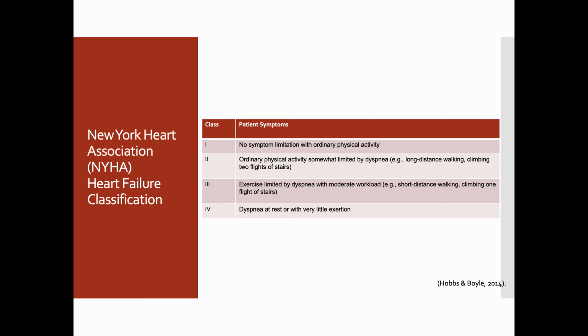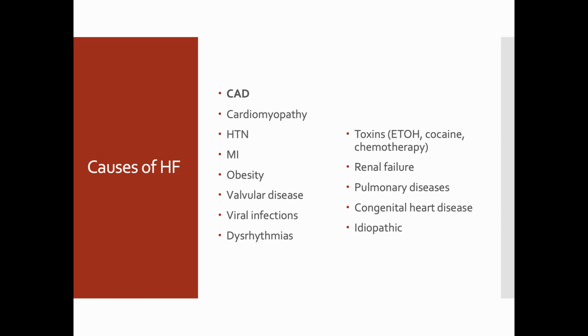I would say that Class 3 is really very limited ADL kind of symptoms, and most of our heart failure patients live in the 2 to 3 range. Now, this is different than the American Heart Association classification system. We're not going to bother with that one today. We're just going to stick to the NYHA, or the New York Heart Association classification system.